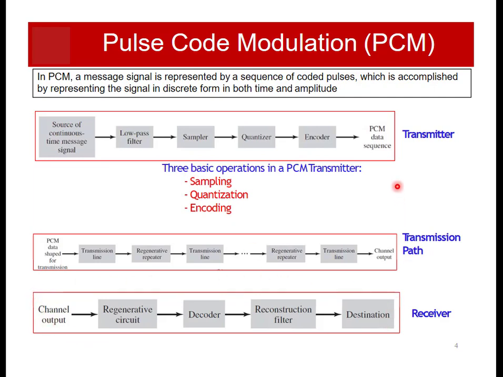So if we know about the transmitter operations in detail, it will help us develop an insight about the receiver portion also. So the basic block diagram is, a continuous signal is transformed into a PCM data sequence. That PCM data sequence is then transmitted to the transmission line, you can see, and when it is received, the PCM data sequence is again converted to the original continuous signal in the receiver.